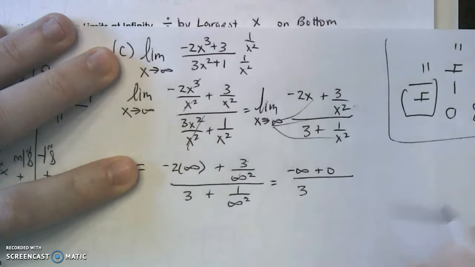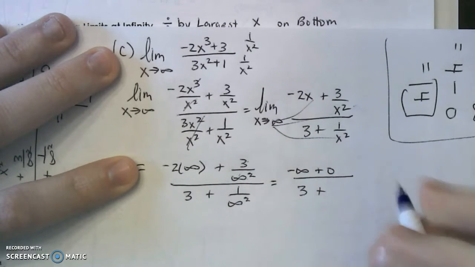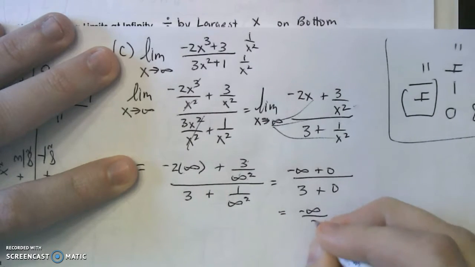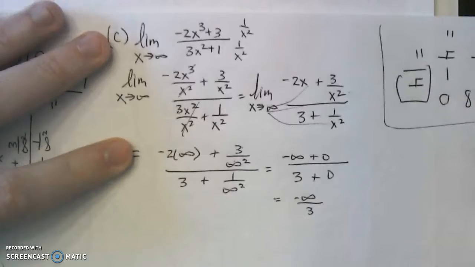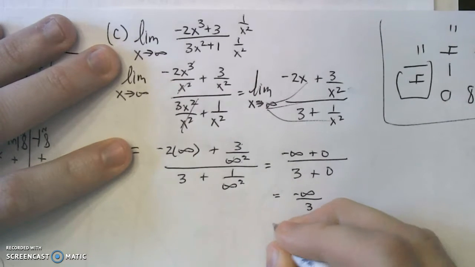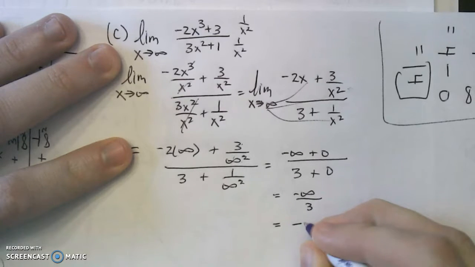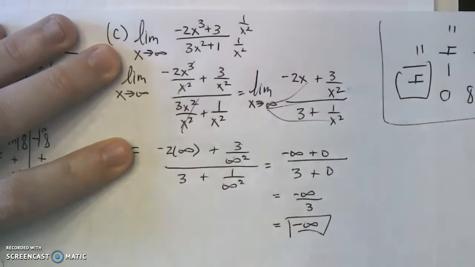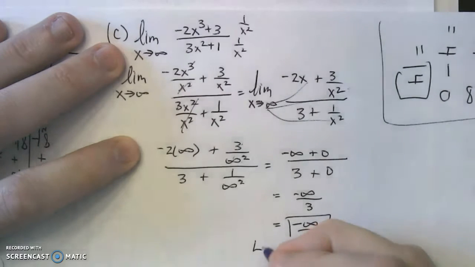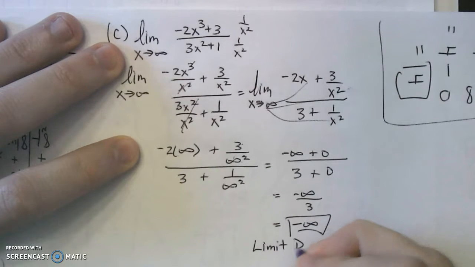Then I've got 3 plus 1 divided by infinity squared, which is 0. And so I have negative infinity divided by 3. If you think of a really, really large number divided by a positive number, you get negative infinity. And since we can't actually reach infinity, we would say the limit does not exist.